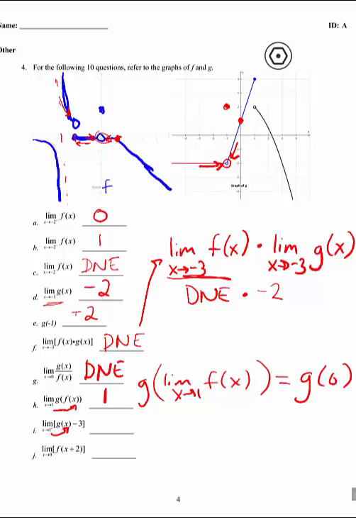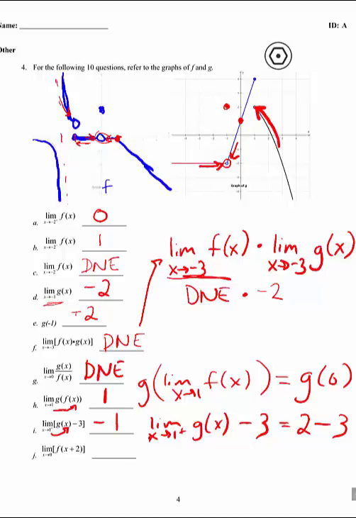Here, we plug in 1 from the right side, and then we subtract 3. So this is the same as having the limit as x approaches 1 from the right of g of x, and then subtract 3 to that answer. So we go to g from the right side, that limit is equal to 2, and then we subtract 3, we get negative 1.